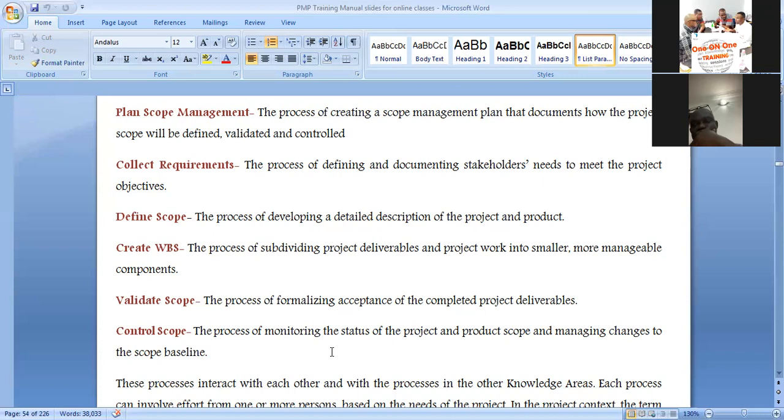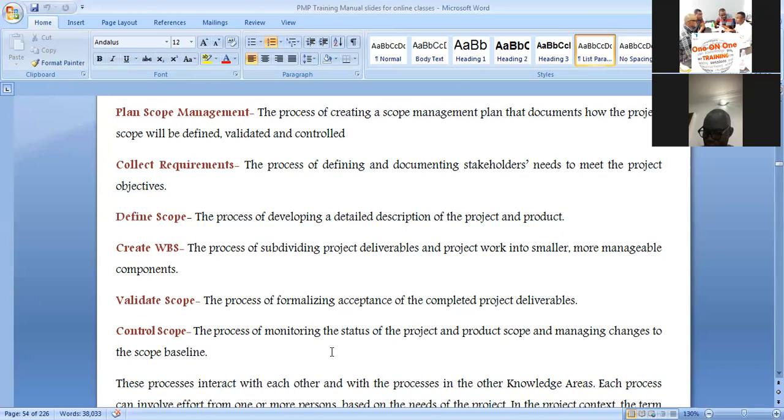So I said in this area, we'll give birth to two kinds of scope. We'll give birth to the project scope and the product scope. The product scope is the features of the product, the finished product. If it is a construction project, what are we doing? Project scope and product scope.